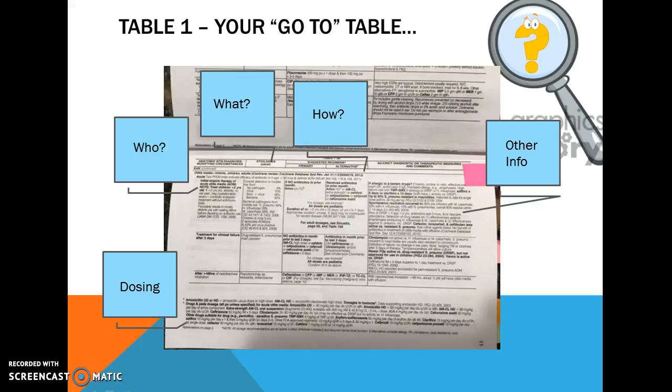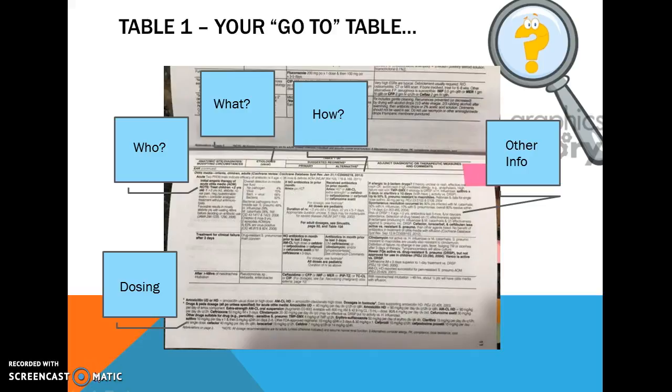Then I look at the what to see the causative organisms. Now, that might be a bit of esoteric information most of the time, but you'll see why in a minute. That can be very important in the event that the patient either is allergic to or cannot afford the antibiotic regimen that has been recommended. Then on the next column, you'll see basically how to actually treat the patient.